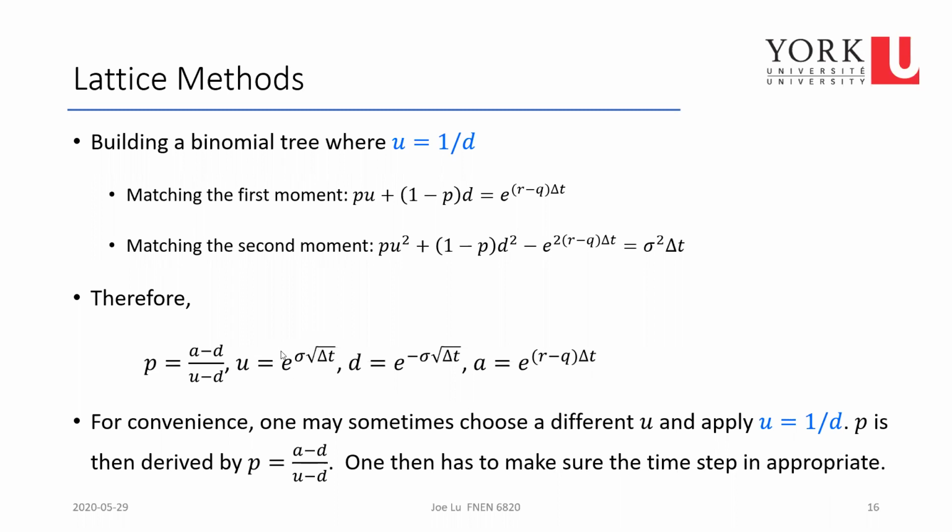If they have a different U than this, then they will have a different D, but still keeping U equal to 1 over D. And given that, they can have a different P here, but the condition is still P equal to (A minus D) over (U minus D), and we can then still construct a usable tree as well.